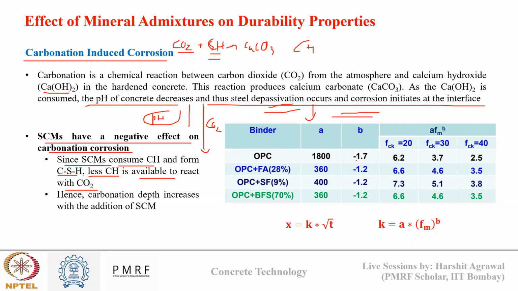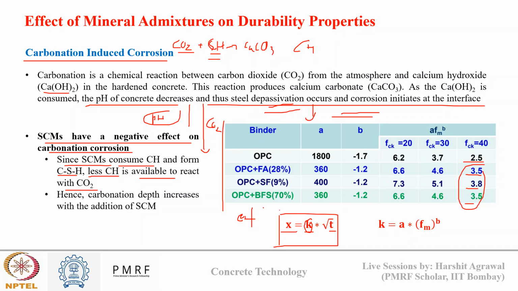And this is what is represented in this table also. For carbonation, we generally use this equation. X is the carbonation depth, the depth till which CO2 has reached. K is the carbonation rate, and T is the time. You can see this value of K. Compared to OPC, we have a higher value of K when we use SCMs.